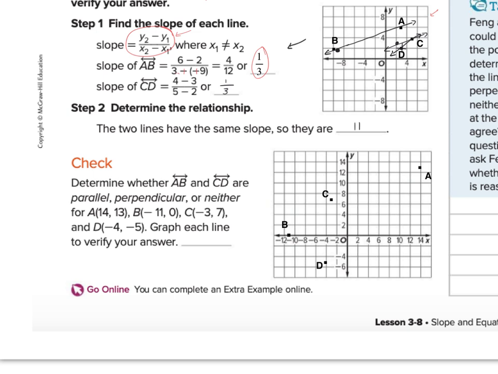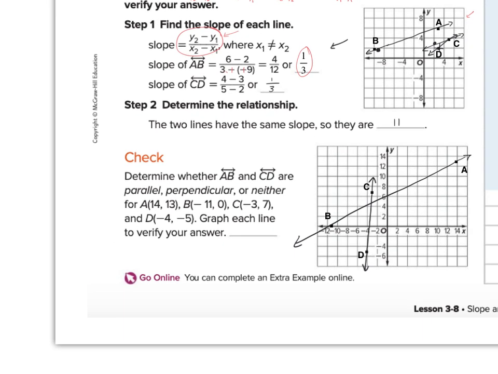So if I were to connect CD, and if I were to connect AB, it definitely looks like neither. It does not look parallel, and does not look like they intersect at a 90-degree angle. Can I check that? Yes, it said make that determination and then graph to verify my answer.